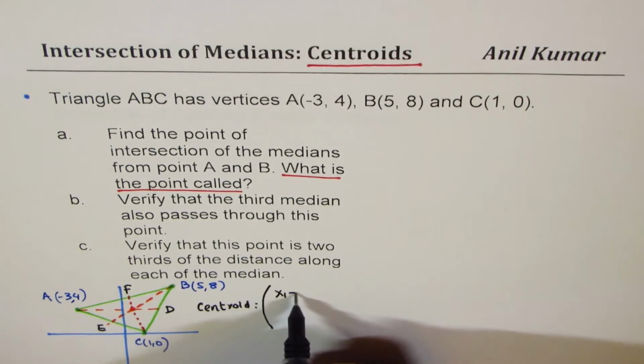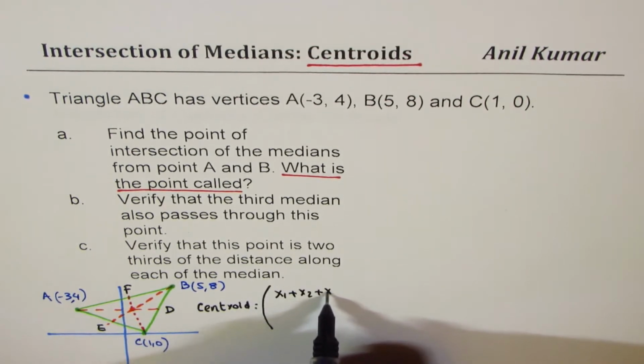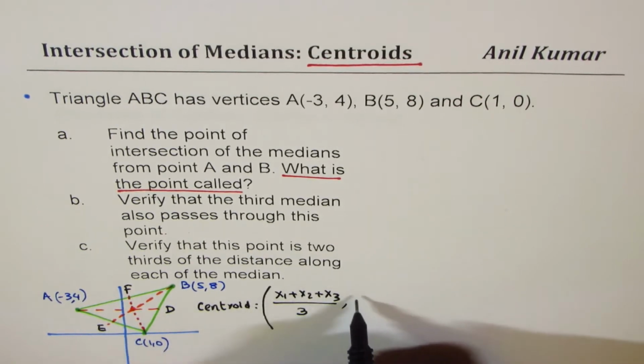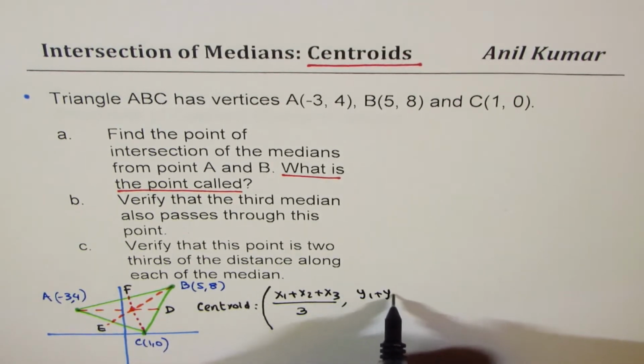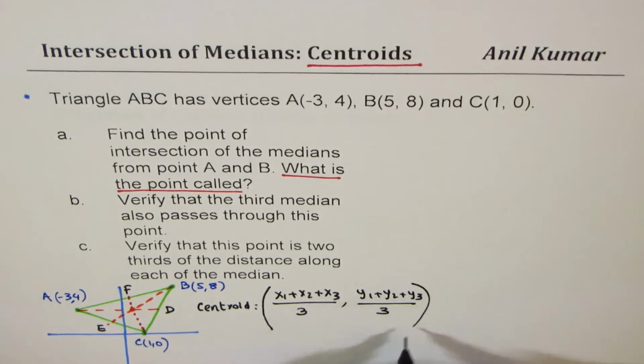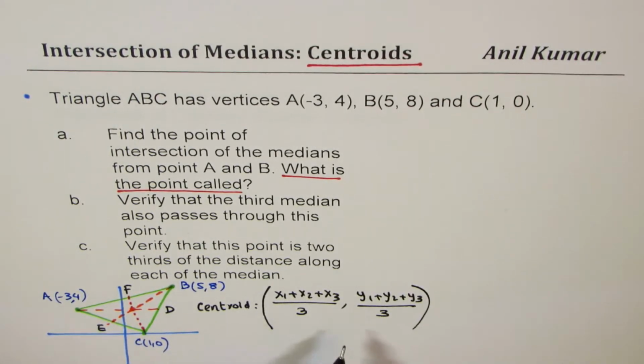It is (x1 plus x2 plus x3) divided by 3 for the x value, and (y1 plus y2 plus y3) divided by 3. So that is the centroid.